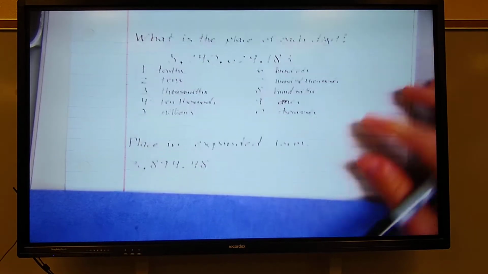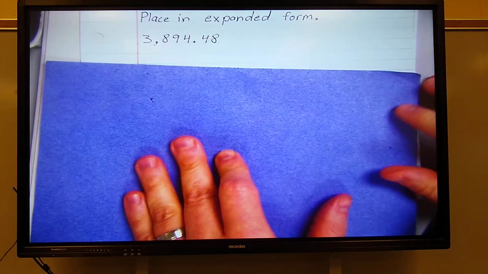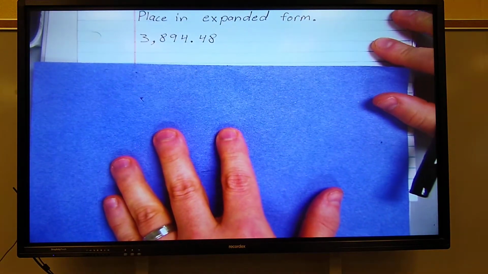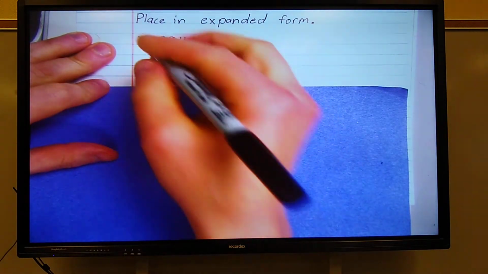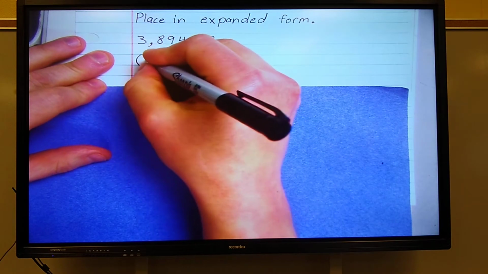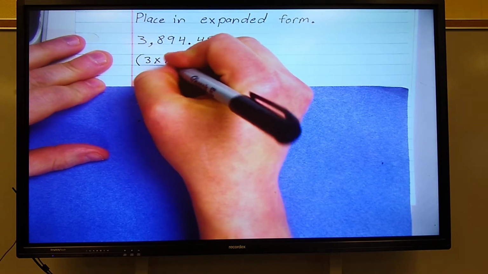The next thing, place this number in expanded form on your paper. Do that right now. Pause the video. All right, let's see how bad you did. The 3 is in the thousands place, so in parentheses, I put 3 times 1,000.